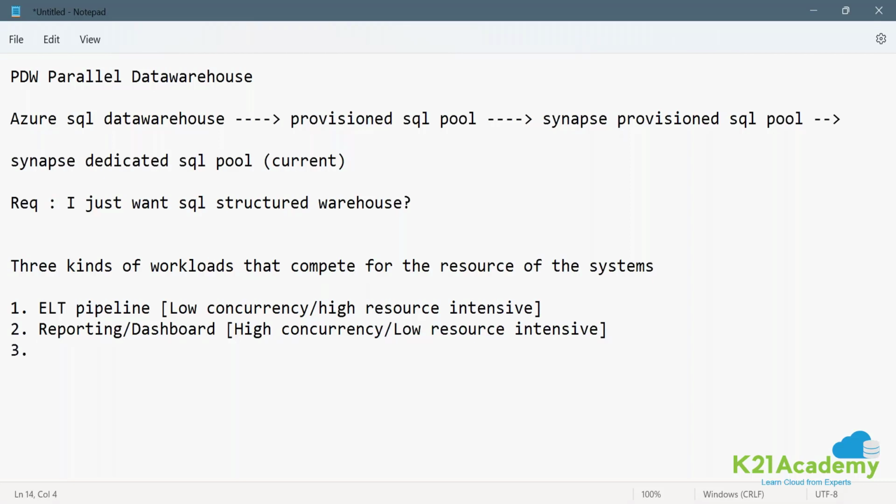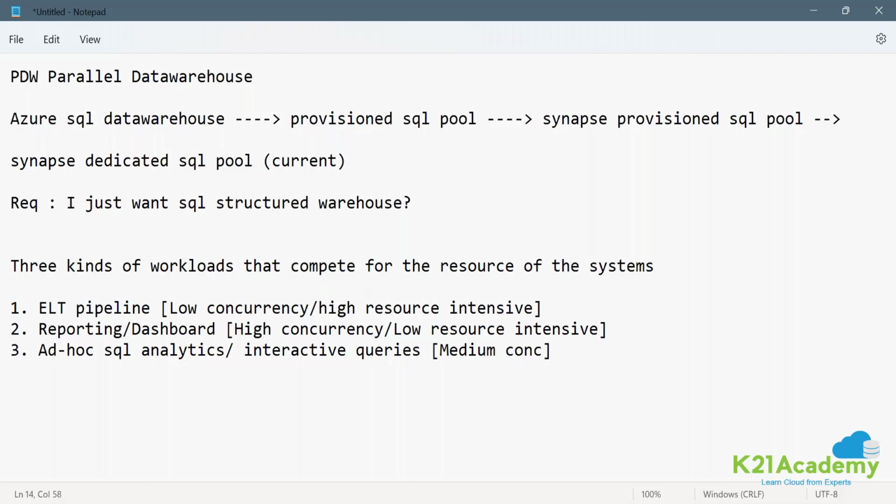And last but not the least are your data analysts, who will try to query whatever comes to their mind from your system. So ad hoc SQL analytics, or you can say interactive queries on the system, which are not known to us per se ahead of time. We don't know what's going on in the mind of a data analyst. They're not reporting queries, which could be medium in concurrency and medium in resource consumption.